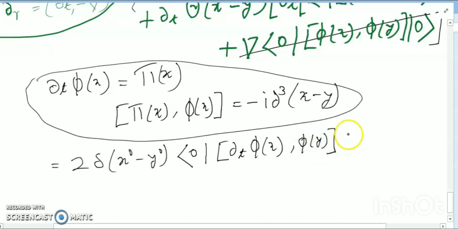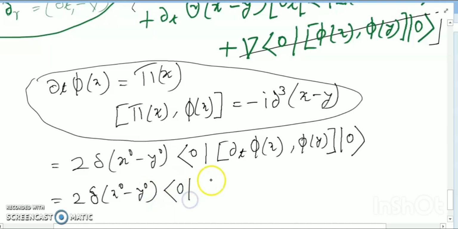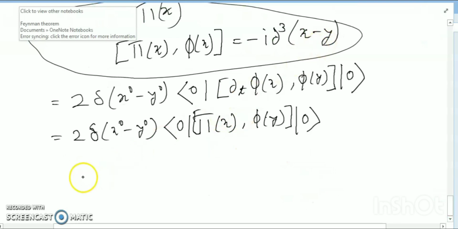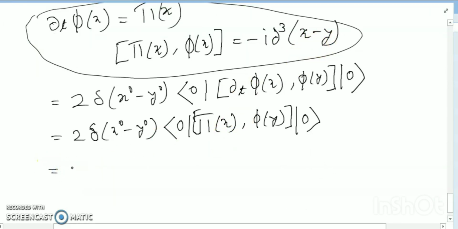And we get this value equal to 2 del (x0 minus y0) 0, where del t phi x means capital pi x, the conjugate momentum, phi y. Now this value is del cube (x minus y), so I get the value minus 2 del to the power 4 into (x0 minus y0), into i.